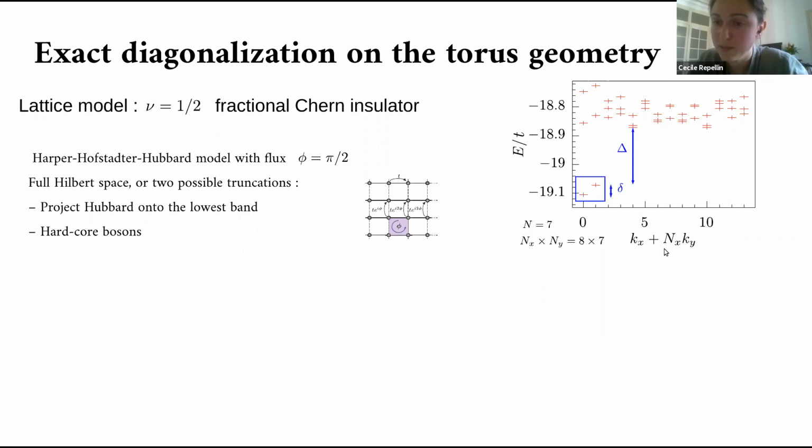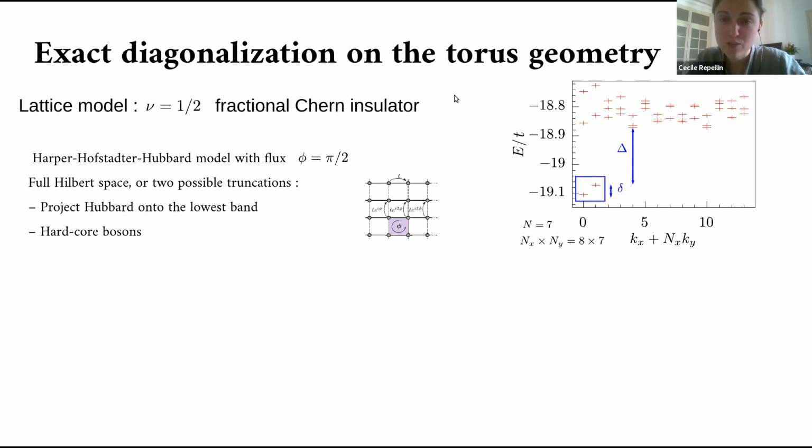So to have a 1D plot, I'm just using this linearized index kx plus nx ky. What we see now is that, again, we have 2 low energy states separated by a gap from higher energy excitations.